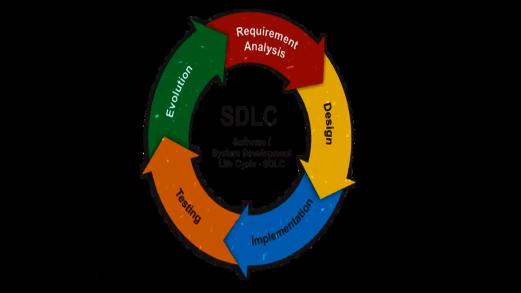In this stage of SDLC, the actual development starts and the product is built. The programming code is generated as per DDS during this stage. If the design is performed in a detailed and organized manner, code generation can be accomplished without much hassle.